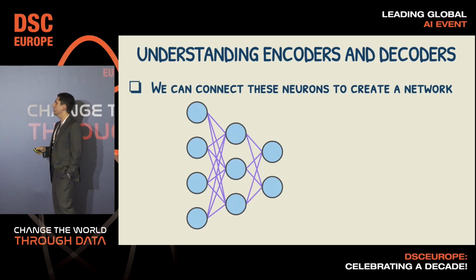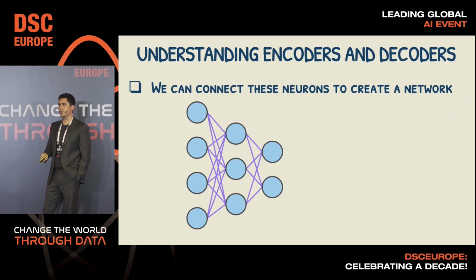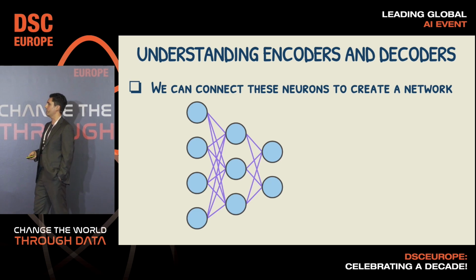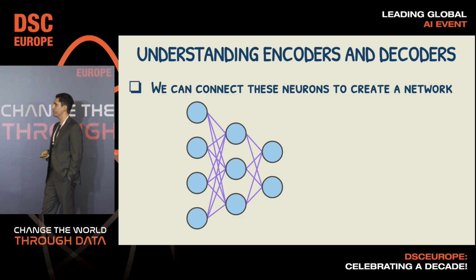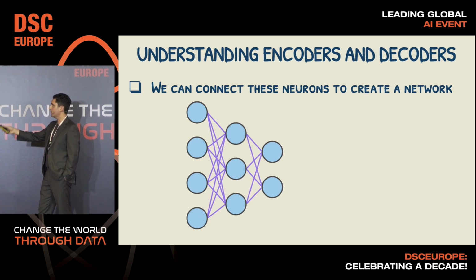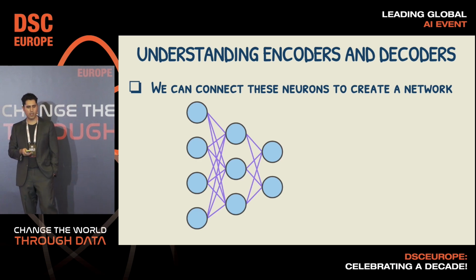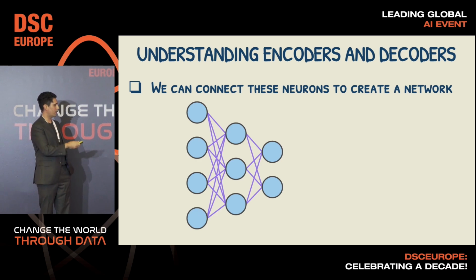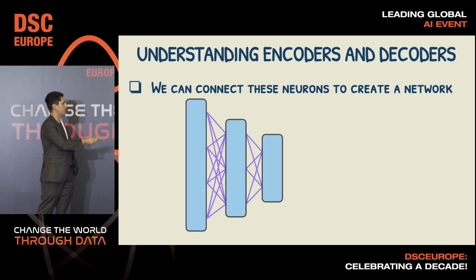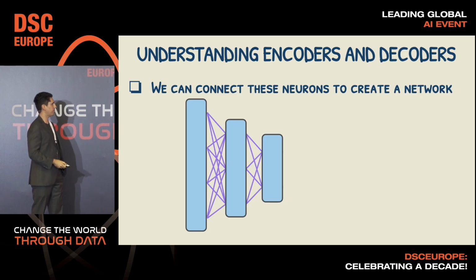And so most important, there's specific different architectures of neural networks, right? And one that becomes pretty important to understand during text-to-image models is the encoder and decoder, or these autoencoder networks. So I can connect these neurons to create a network. And for simplicity, instead of drawing out each neuron and each connection, I'll just describe them as layers.